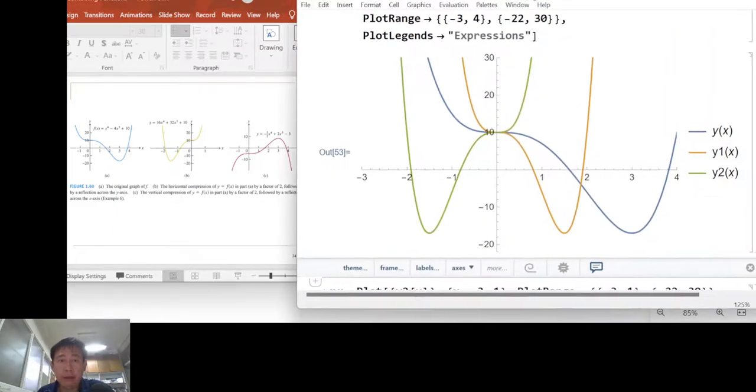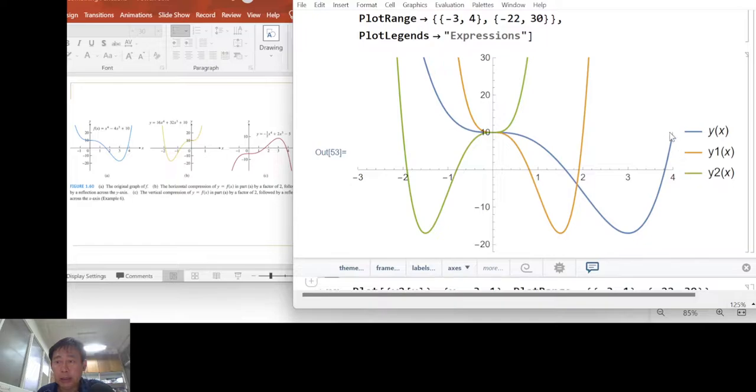So the graph that's obtained by Mathematica is this. So this is the original curve, the blue curve, which is displayed here. So this is exactly the original function. So the original function y is then compressed into y1. So y1 is this function, which is a horizontally compressed version of the original function in blue.